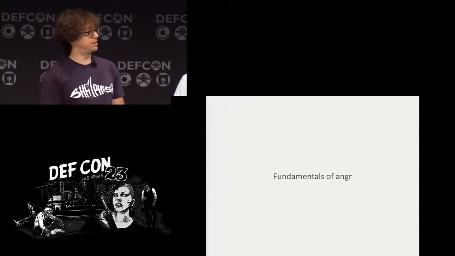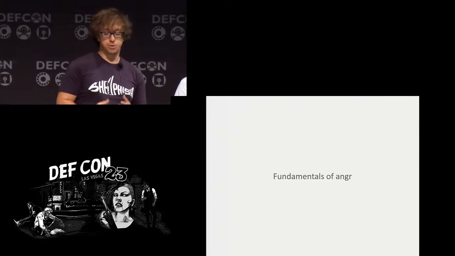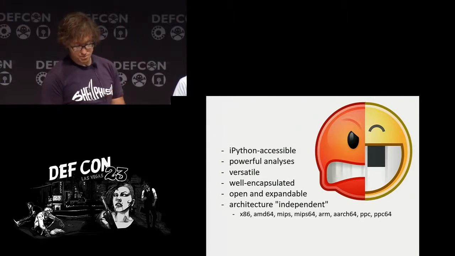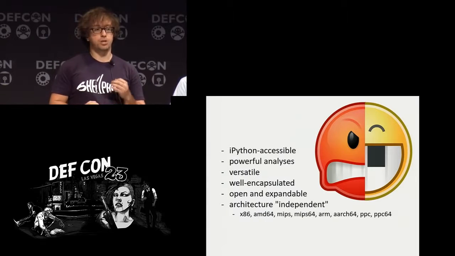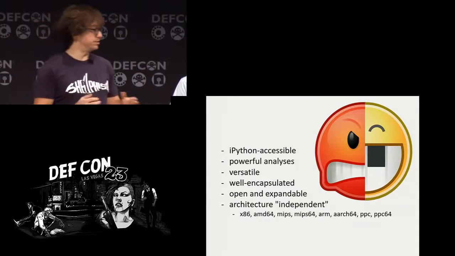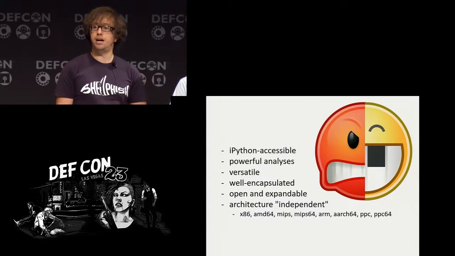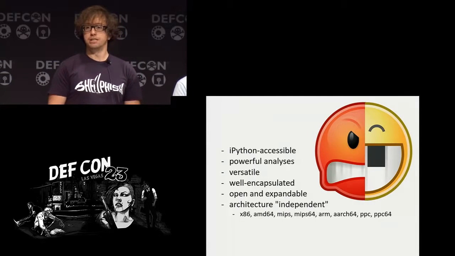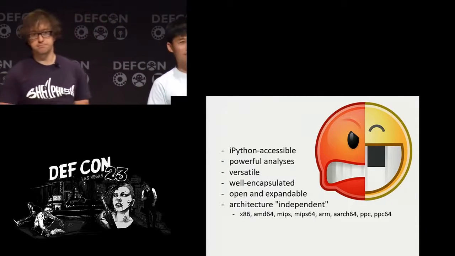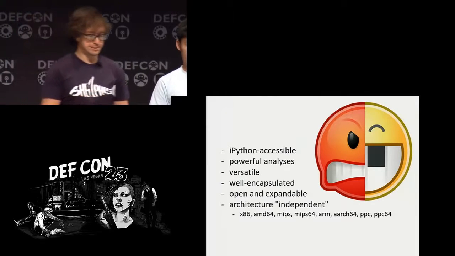So let's talk about the fundamentals of angr. What did we design it to be like? Well, the idea is we are all Python users, mostly in the lab. And let's have a show of hands. Who uses Python as their kind of primary hacking language? All right. So angr is written in Python for Python in some sense.